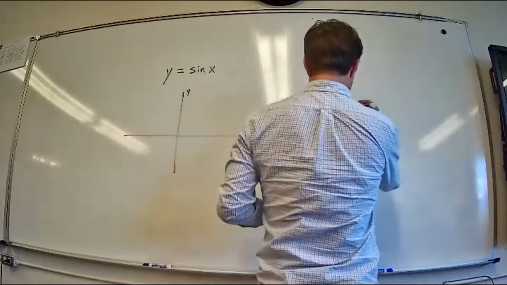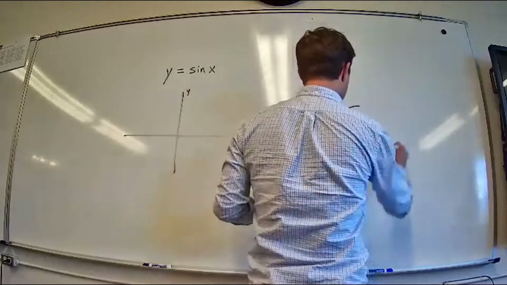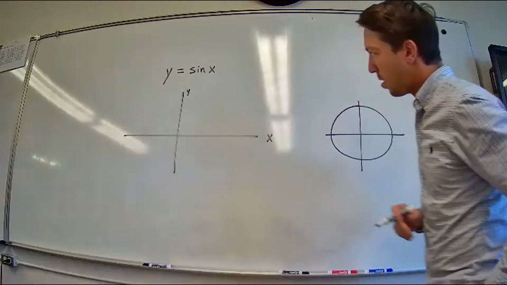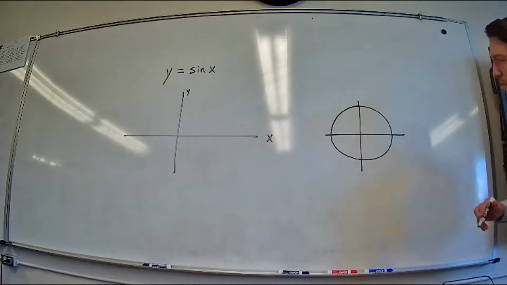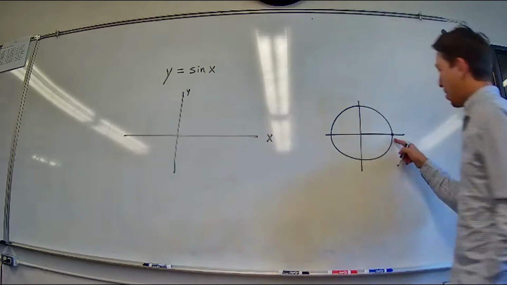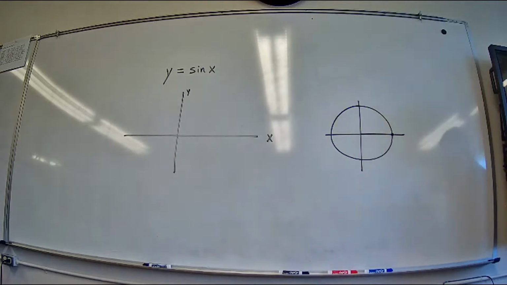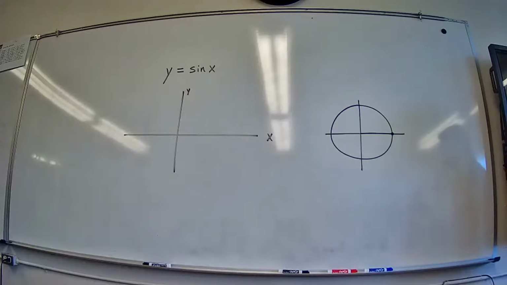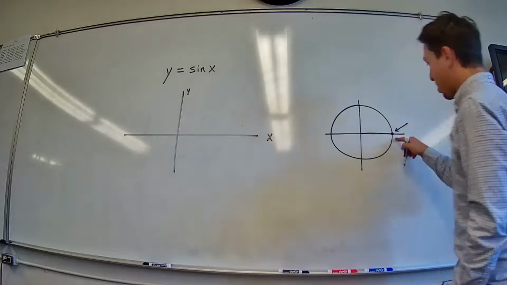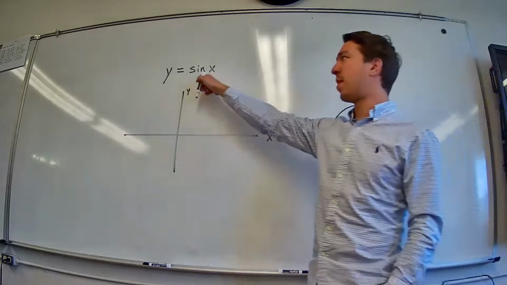So let me give you an example. Here's the unit circle. This first position, what angle is that? 0 radians. So I can talk about this position like I'm interested in the sine value.